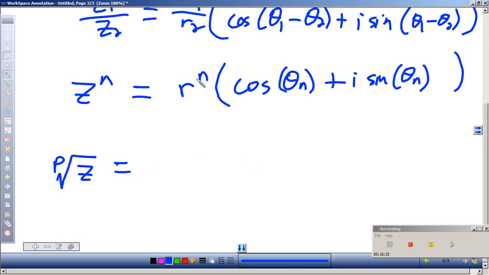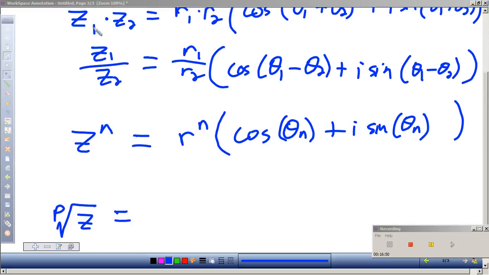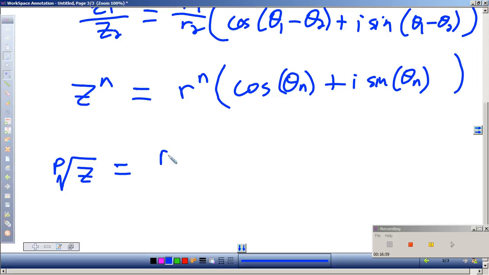Anybody have a guess what's going to happen with the r here? Okay? Well, you know up here, when you multiply them, you multiply the r. You divide the r. When you raise it to the power, r to the power. Yes. We're going to do the p-th root of r.